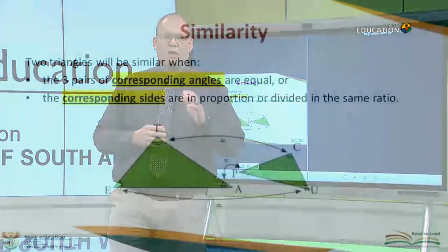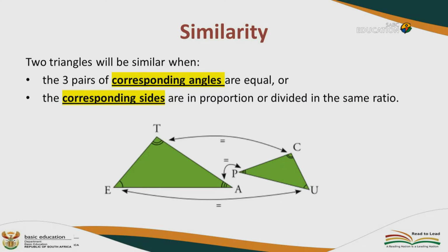Firstly, we will just run through similarity again, just so that you will know the difference between similarity and proportionality. So two triangles will be similar when the three pairs of corresponding angles are equal, or the corresponding sides are in proportion, or they are divided in the same ratio. Okay.